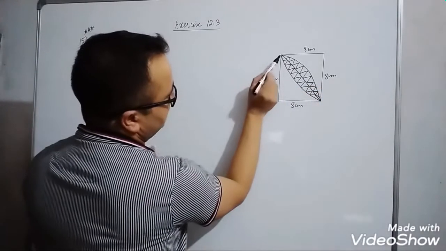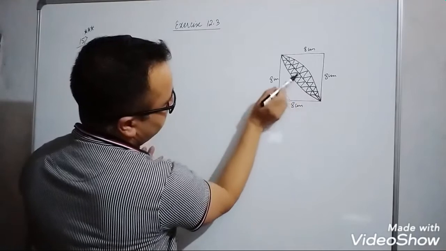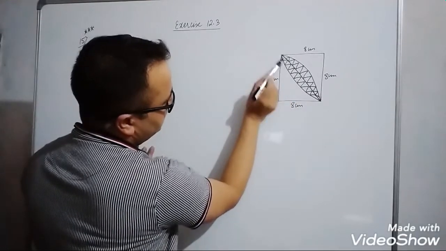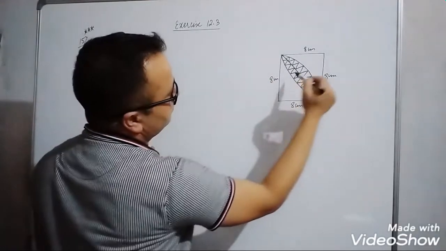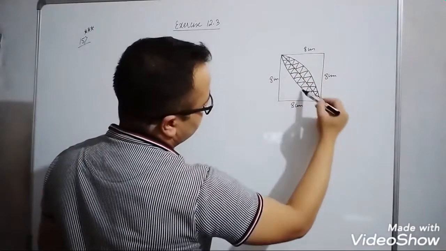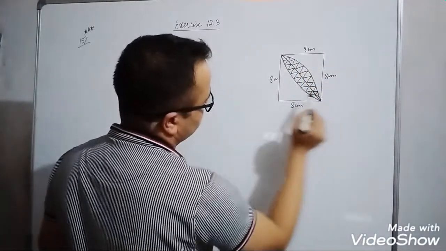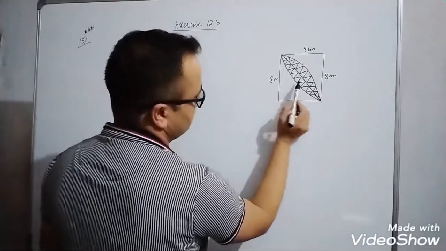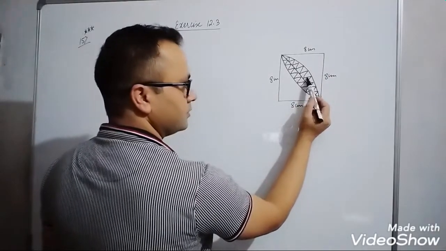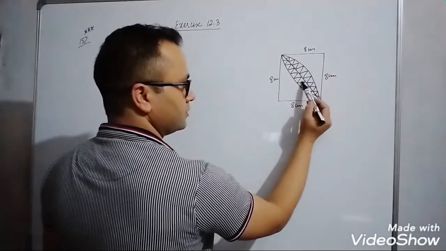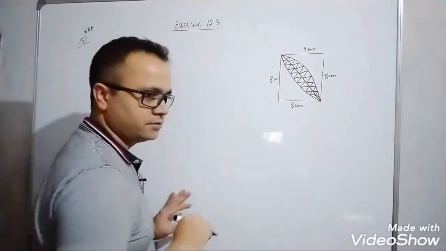Area of quadrant minus area of triangle gives this portion from this side. Now we will add. If you add this, you will get the area of design.